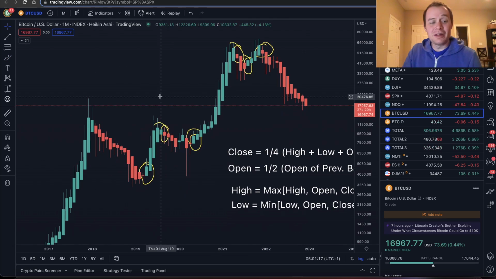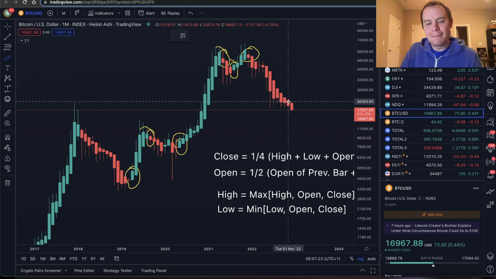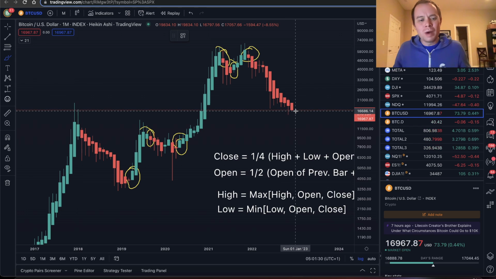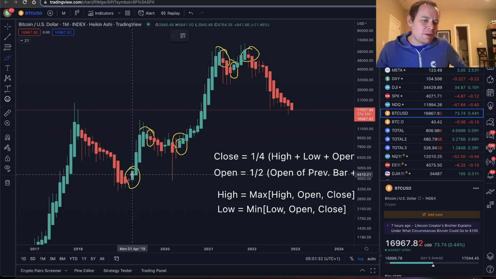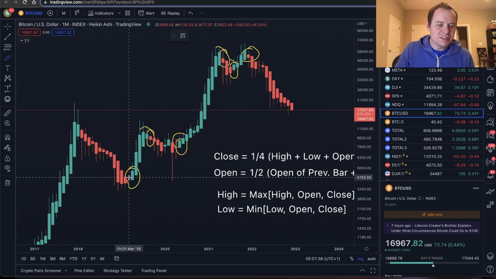The reason it might actually be difficult for a lot of people to do this type of strategy is that by the time you get a green monthly Heikin-Ashi candle, it's likely going to be well off the low. So if you go back over here and look at April of 2019, by the time this flipped green, you would not have had confirmation of that until May of 2019.